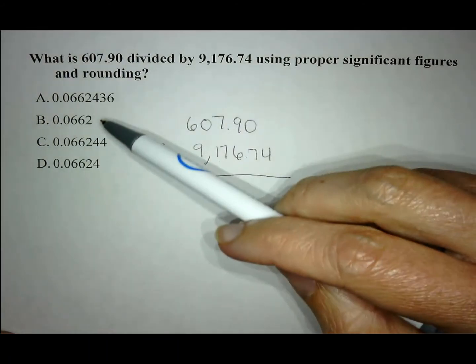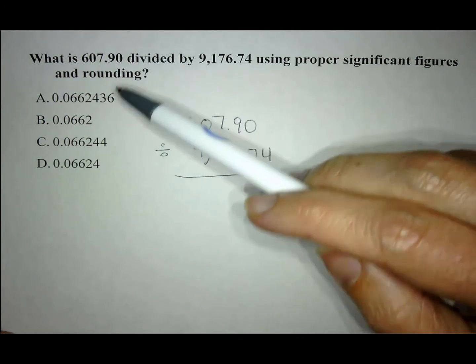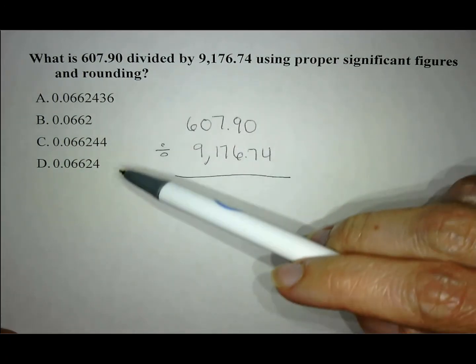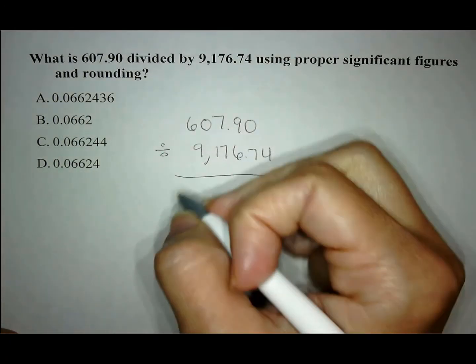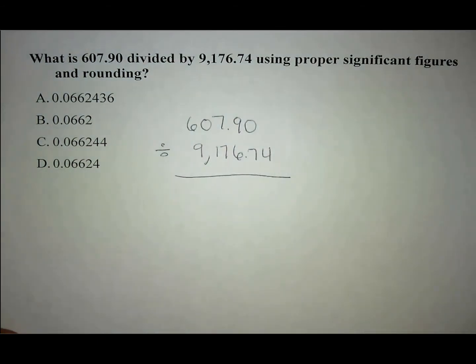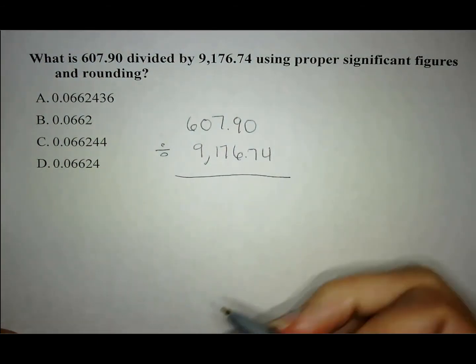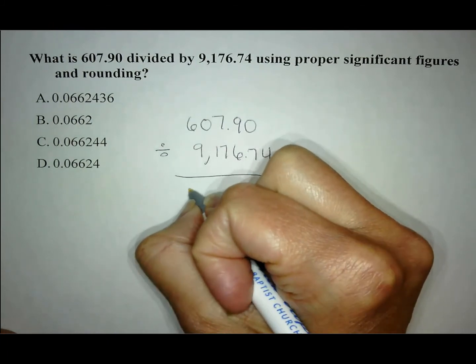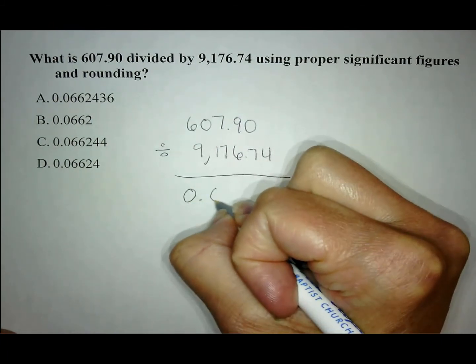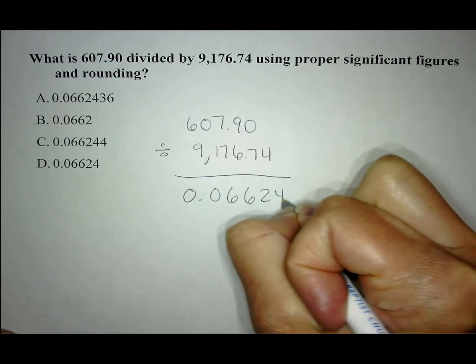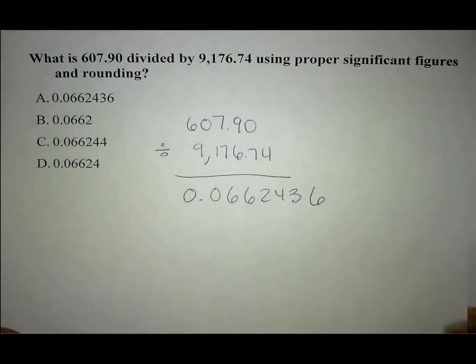Notice again that I've given you variations of the same number with just different rounding. So when we do this division, we'll come out with a number that has lots of digits in the calculator, and one of the ways that it could be rounded is 0.0662436, but we don't necessarily know if we're going to keep all of those digits. So we're going to count off the number of significant figures so we know how far to round it.